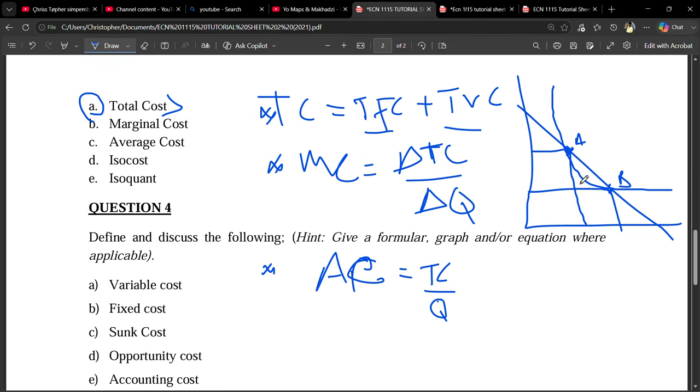An isoquant is simply a curve that shows various inputs that give the same level of output. All the inputs on this isoquant give the same level of output. So if we use inputs at this point, 1 and 1, or 2 and 1, we're going to get the same level of output. So that is for this.